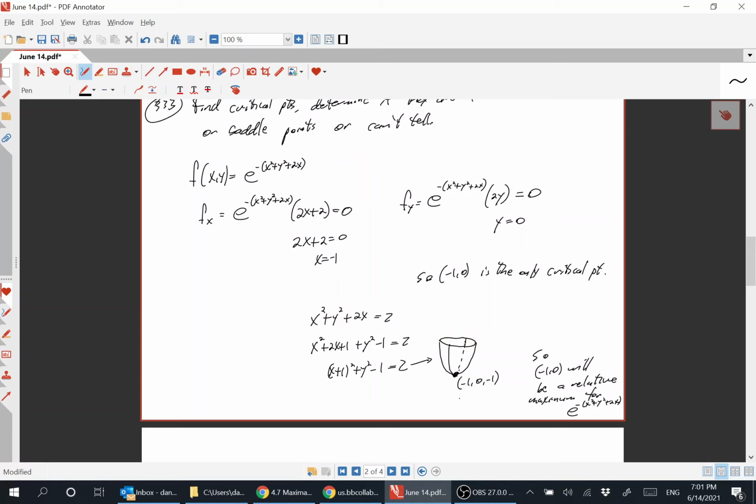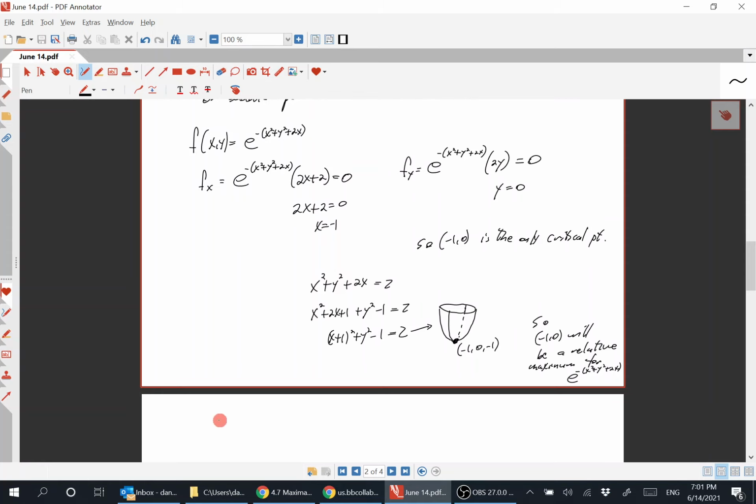We know that that's going to be a relative maximum. Taking the second derivative, there's going to be some algebra there. That's maybe going to be a little bit much, is there? Well, let's check it out.